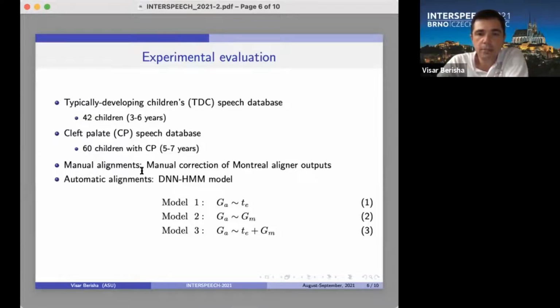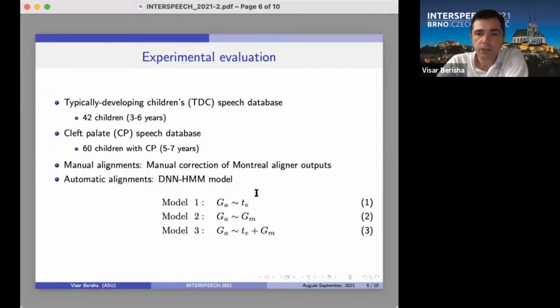The manual alignments were done by trained experts, and they effectively corrected the output of the Montreal forced aligner on a phoneme by phoneme basis.